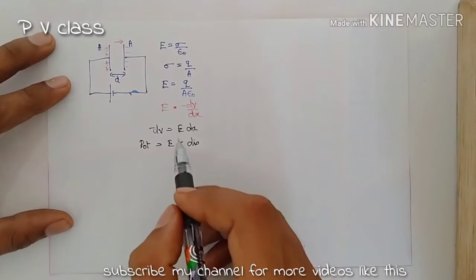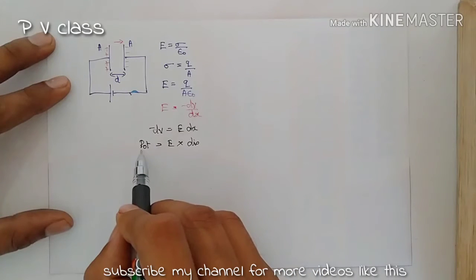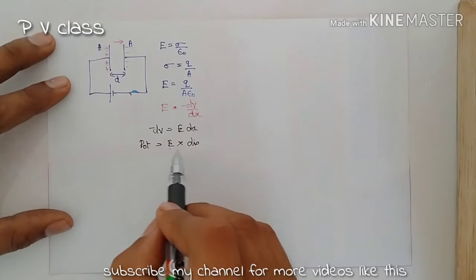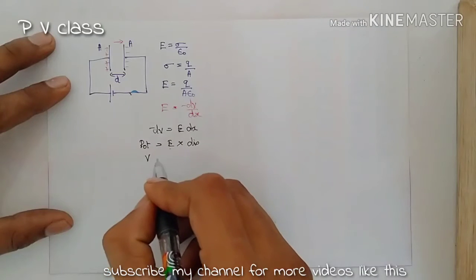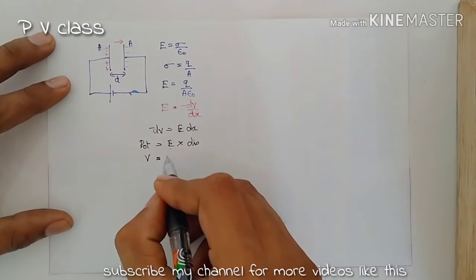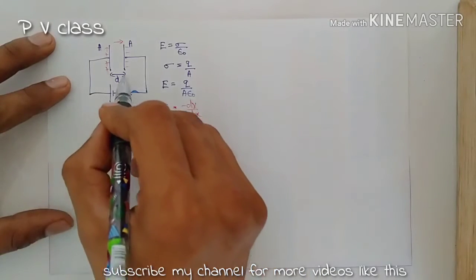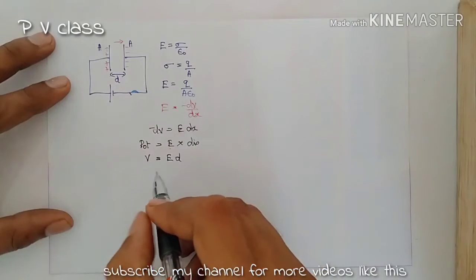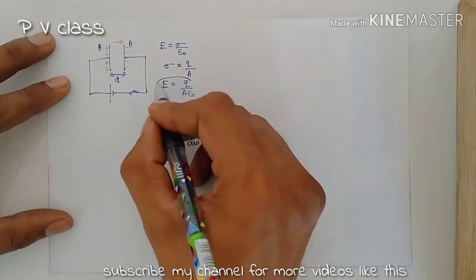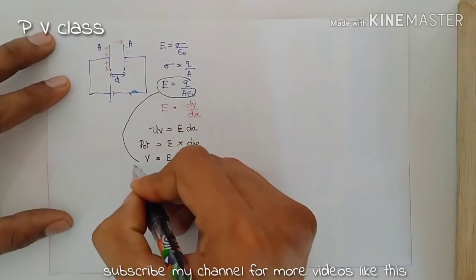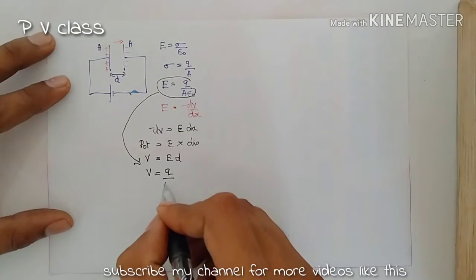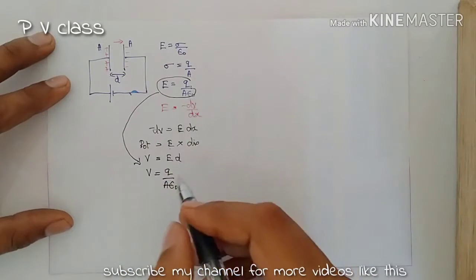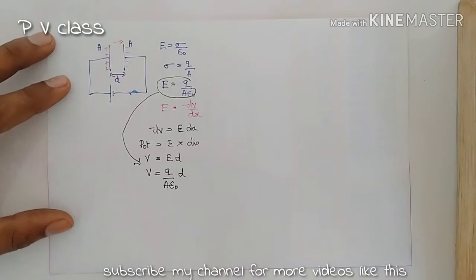In the case of a capacitor, the potential difference is electric field intensity into distance of separation. Therefore V is equal to E into D. Substituting the electric field intensity, we get V equal to Q by A epsilon 0 into D. This is the expression for potential.